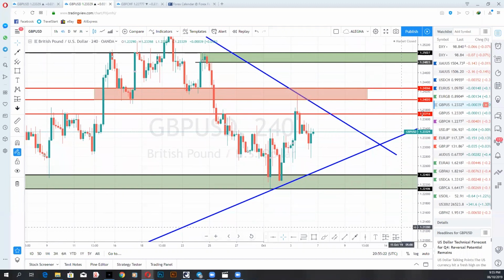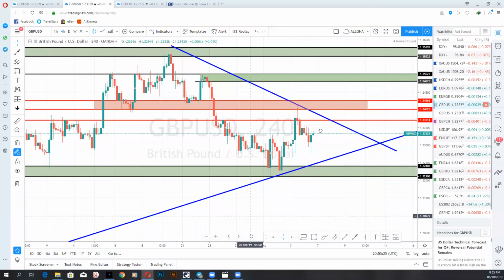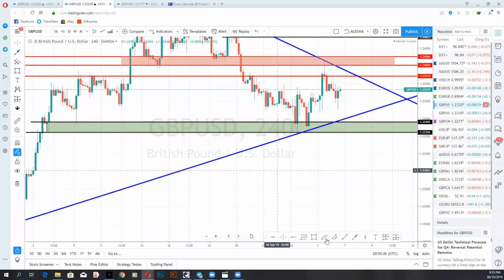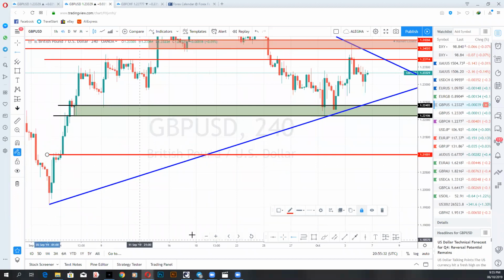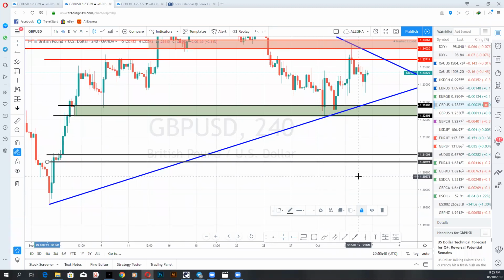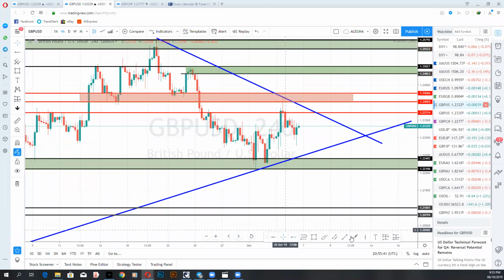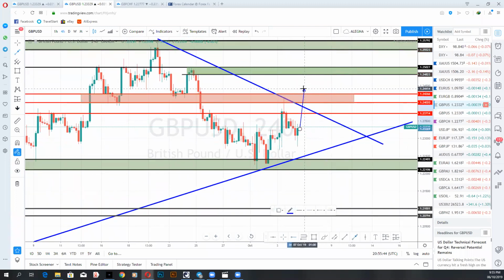Two things: if it breaks out of the lower zone, this might be its first point of hope, because in a triangle, it can break something like this, or it might break something like this. So these are just the possible scenarios on this pair.